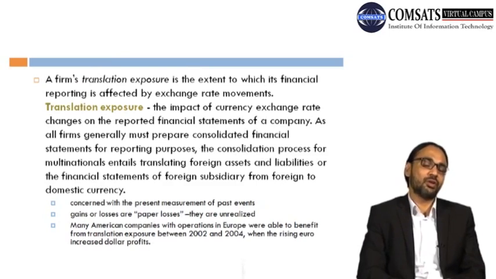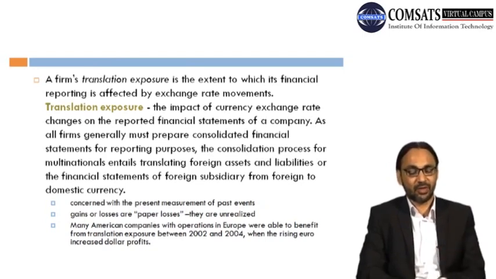These things will affect the financial statements of that company. As we said, in 2002 to 2004, when the euro rate increased, a lot of American companies operating in Europe were able to benefit from this translation exposure.